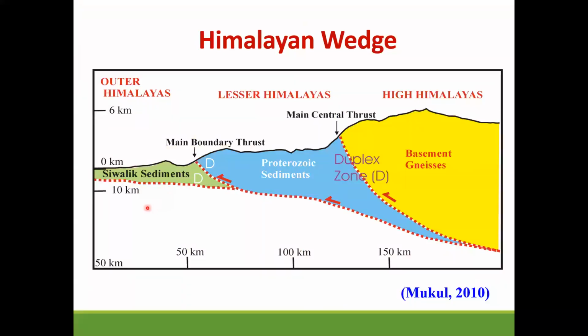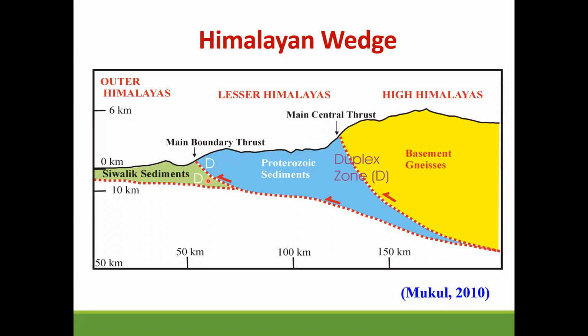Now, to look at the Himalayan wedge, there are three main components. Number one is the higher Himalayas, which have basement gneisses, which are very strong. Then you have intermediate strength sediments in the lesser Himalayas, and these are separated by what is broadly called the main central thrust.